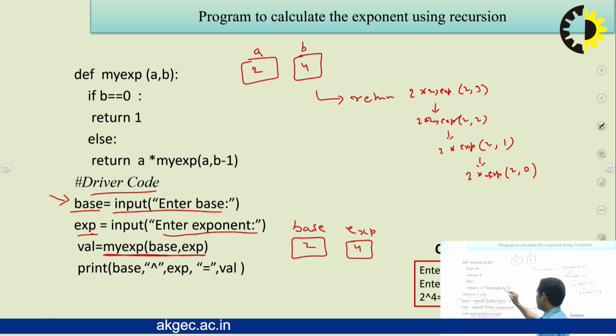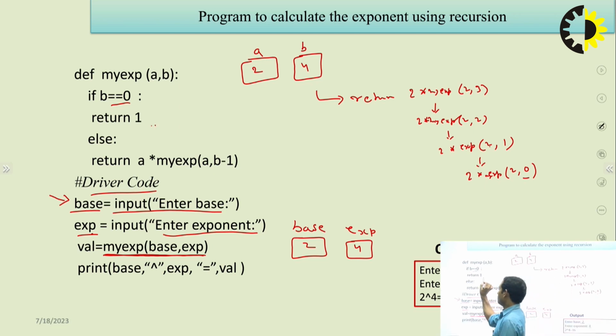Now the base case is reached, b equal to 0. In this case we will return 1, we will get 1 at this point.